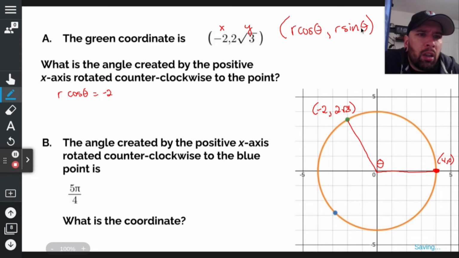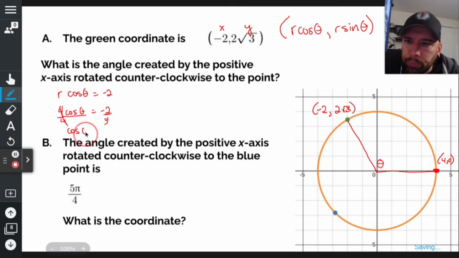Before I even consider this, let's use a little common sense. I found out what r was. r was 4. So 4 cos theta equals -2. Divide both sides by 4, and cos theta equals -1/2.